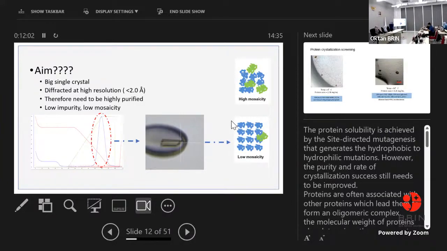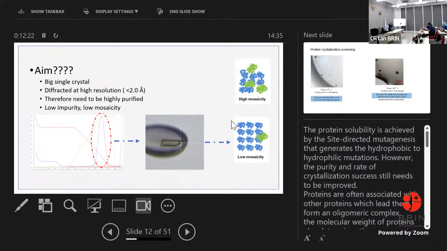In this case we need a very pure protein, because a very low impurity, or a very highly pure protein, will give a low mosaicity of the data.